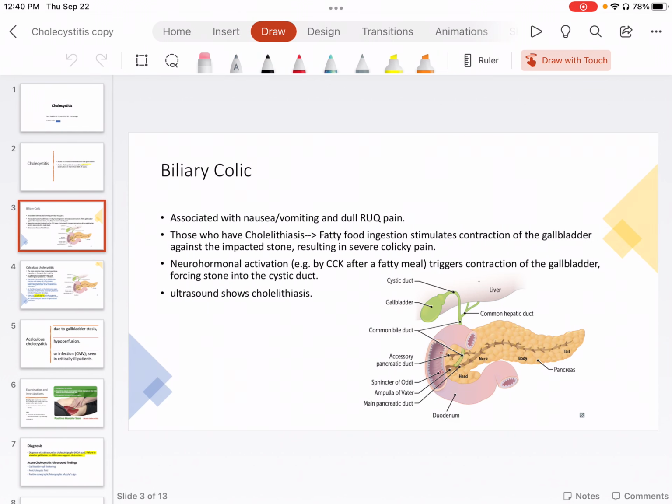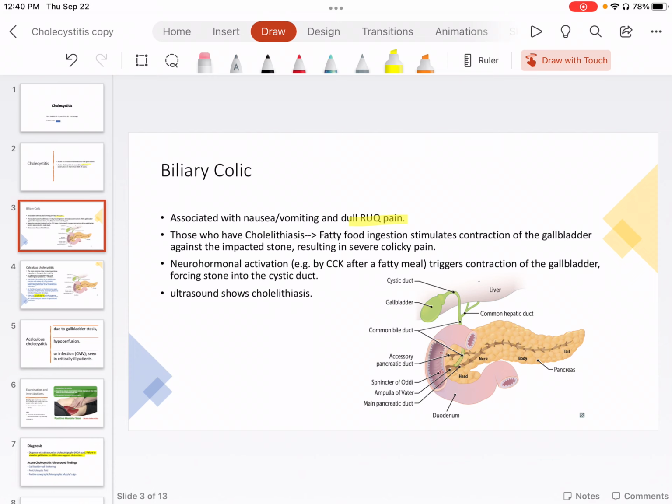Biliary colic. Biliary colic is associated with nausea, vomiting, and dull right upper quadrant pain. So if a patient comes to you with right upper quadrant pain and vomiting, then you can relate this to biliary colic.